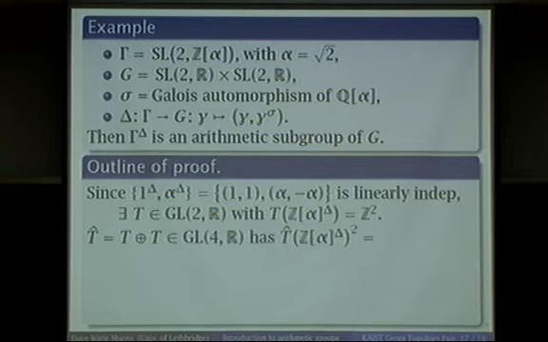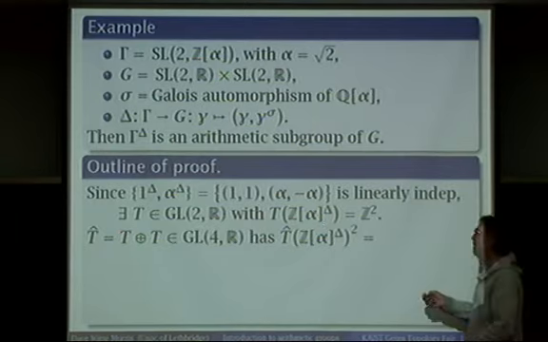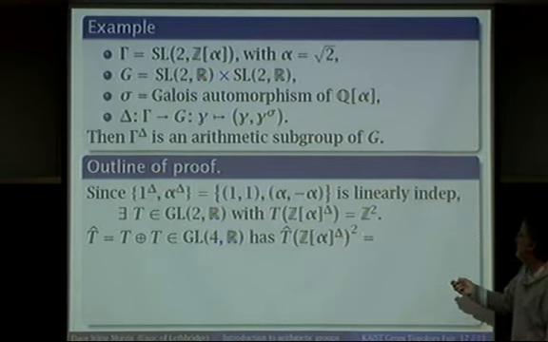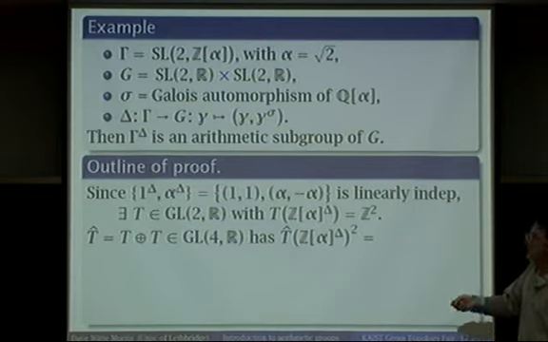And the key thing to notice is what happens if you apply this T hat to Z adjoint alpha, 2 copies. This acts on R4, so I need something in R4. Each copy of T acts on one of them, so I've got 2 copies of Z adjoint alpha, and T hat has a T act on each one.